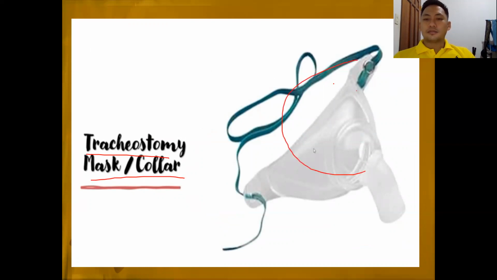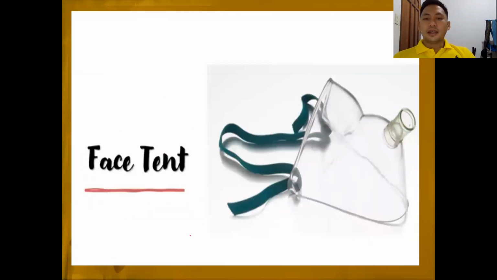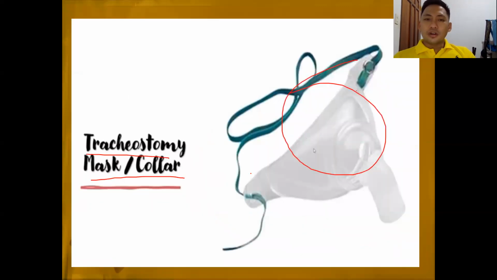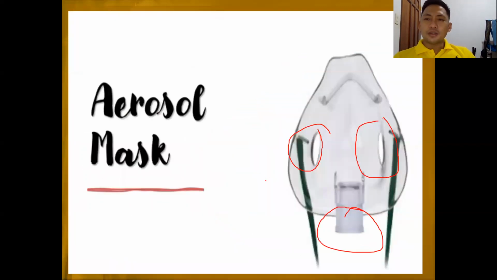Ayan. And sa face tent, pwede rin natin i-attach yung nebulizer sa face tent. Okay? So, this is a variation as what I've mentioned earlier. Though this can be a high flow device, it depends on the type of tubing.